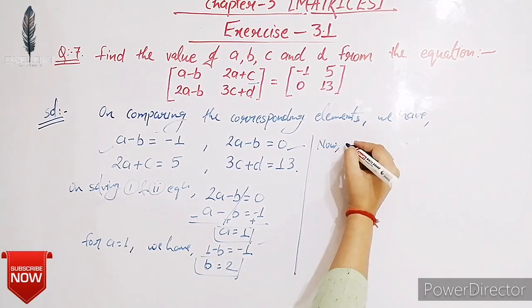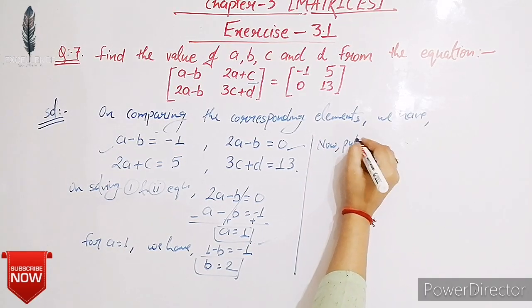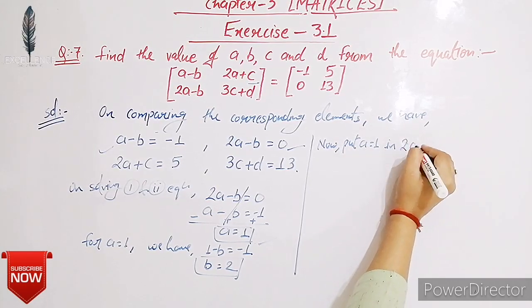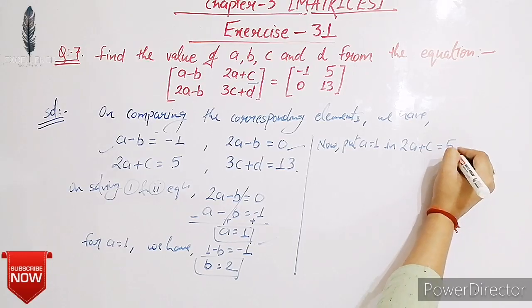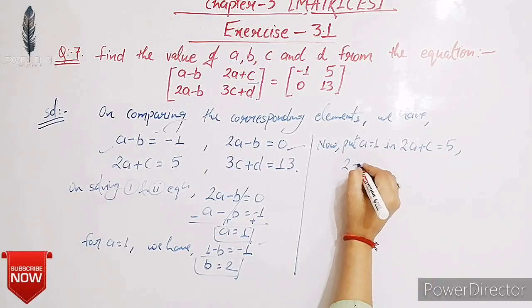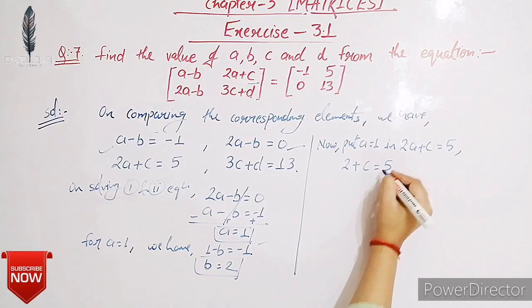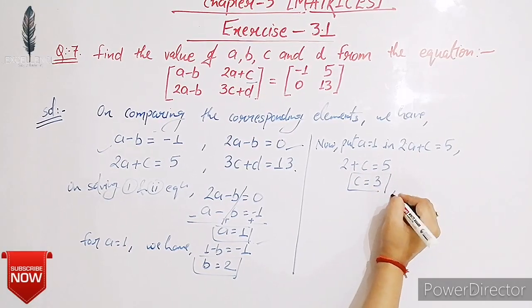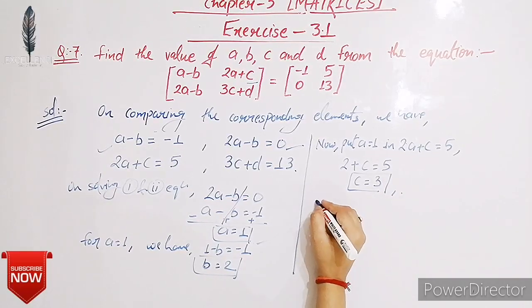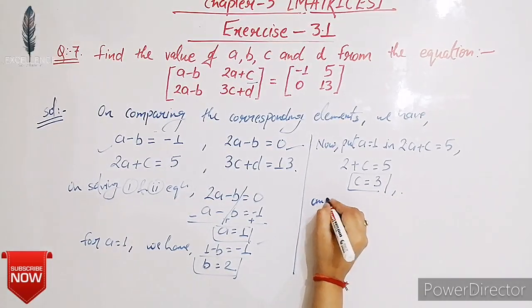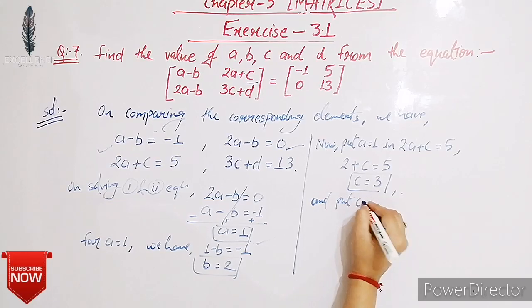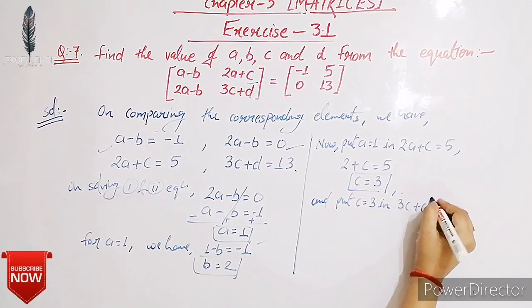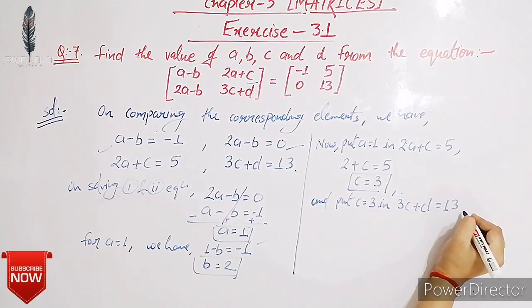Now put a equals 1 in 2a plus c equals 5, then we get 2 plus c equals 5, that gives c equals 3. Next, put c equals 3 in the last equation, that is 3c plus d equals 13.